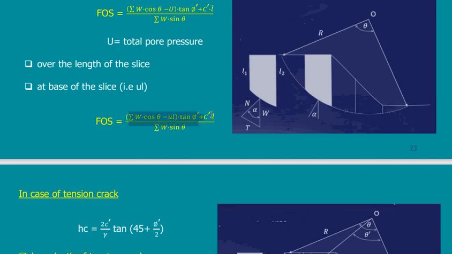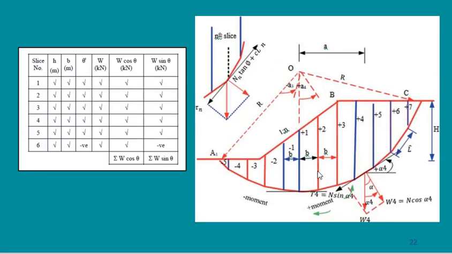It's an equation. I just substitute in this equation, but if I were going to use this equation for the full mass, it would be difficult. So it is easier for me, or more accurate, to divide my mass into slices, and I calculate this tabulated form for each slice, and then I get the summation for the W cosine and the W sine.